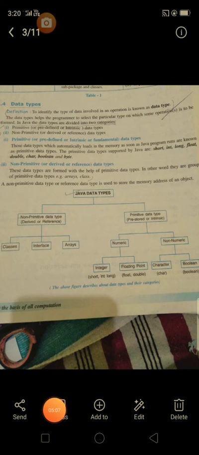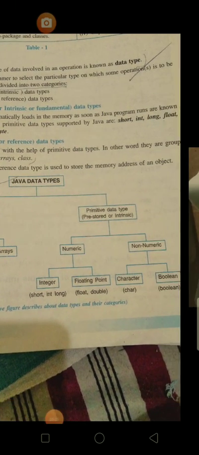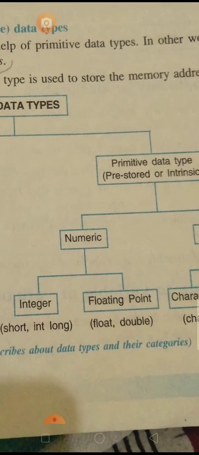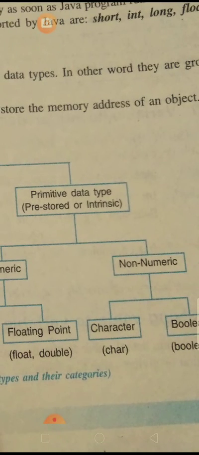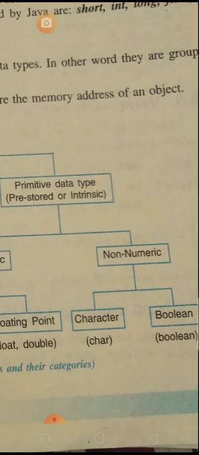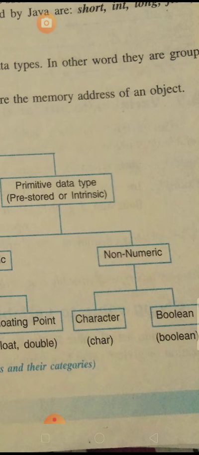The second category of primitive types is non-numeric. Non-numeric data types do not deal with numbers; rather, they are used to declare a character or a set of characters. They can be classified into the following two categories: character type and Boolean type.